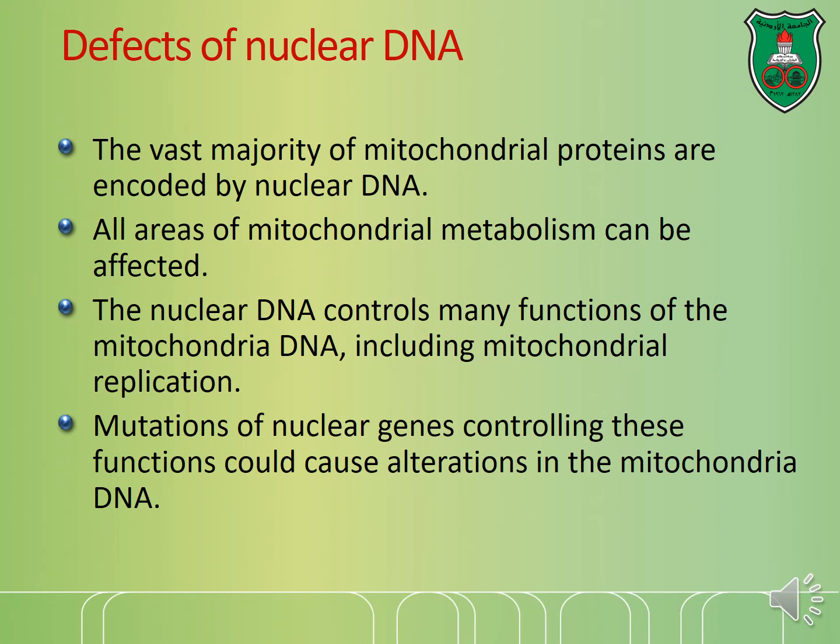Or defects can arise as a result of mutations in the genomic DNA. Any one of the mitochondrial proteins can be affected, and they follow the same pattern of inheritance that we know of: autosomal recessive, dominant, sex-linked, and so on.